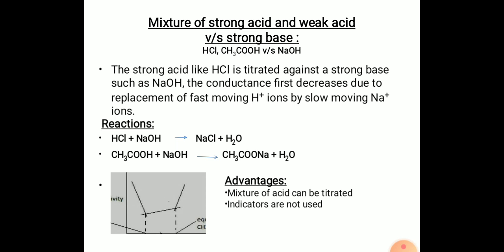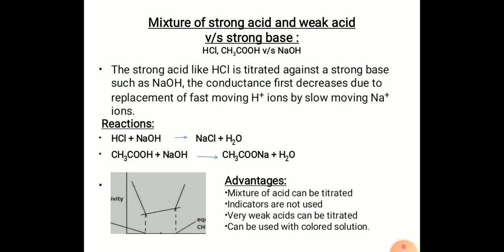In some acid base titrations we use an indicator which gives a change in color, but in this experiment we are not going to use any indicators. Next, very weak acids can be titrated by this method. Fourth, it can be used with colored solutions also. So this is all about the advantages of conductometric titrations.